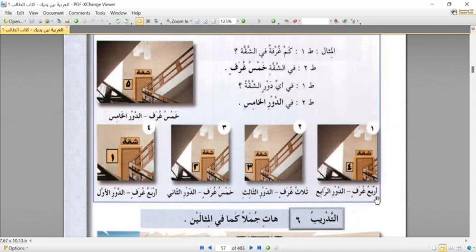And then the next question comes. في أي دور الشقة؟ On which floor is the apartment? Now you answer. أحسن. في الدور الرابع. On the fourth floor. So here is four. Here is four.